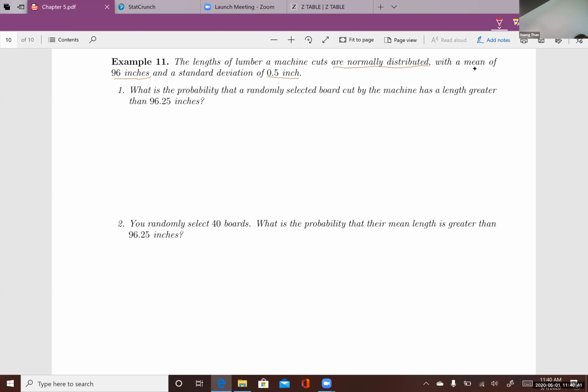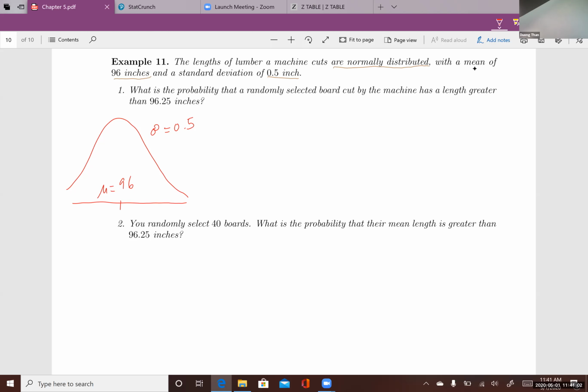That means you can use a bell-shaped curve for the distribution of the lengths of all the lumber cut by this machine. And the mean of the population is 96 inches and the standard deviation is 0.5 inch.